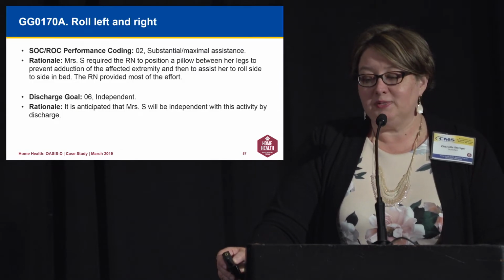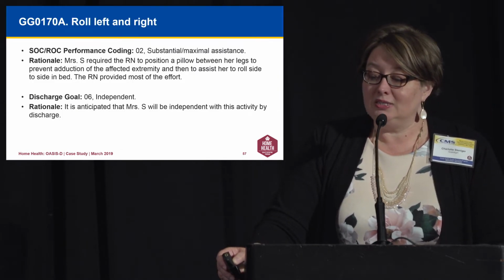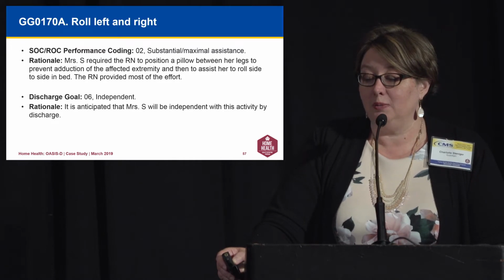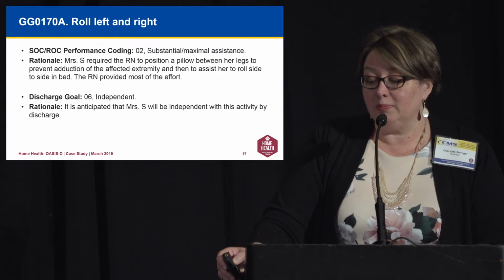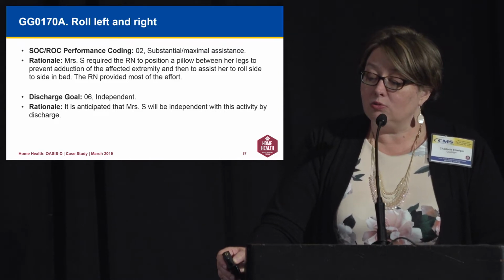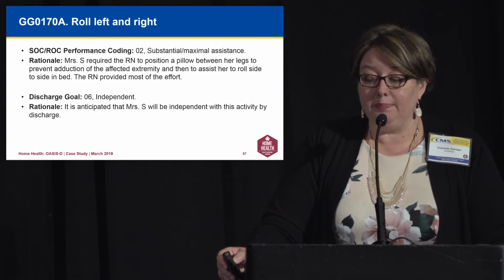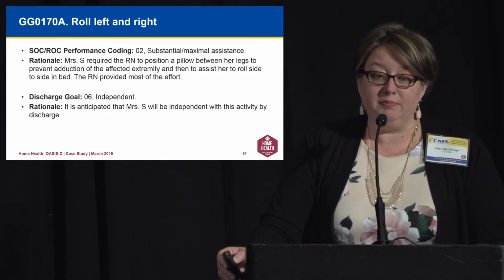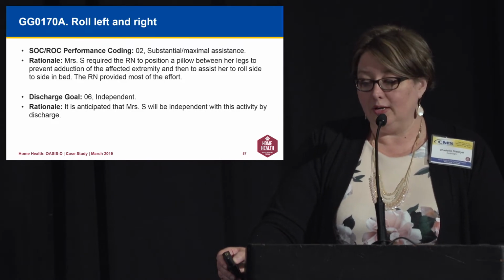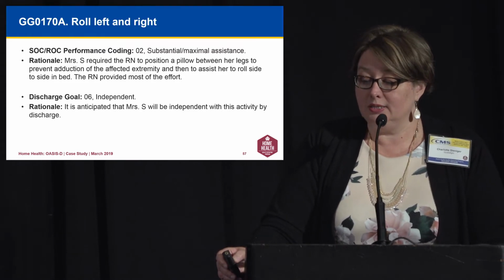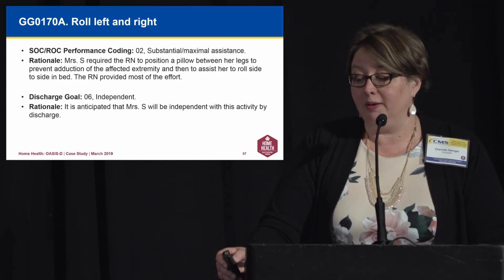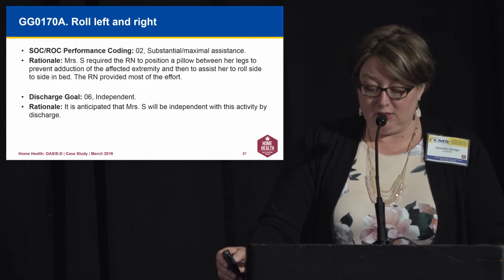And again, that's substantial maximal assistance, as Mrs. S required an RN to position a pillow between her legs to prevent adduction of the affected extremity, and then to assist her to roll side to side in bed. And the RN provided most of the effort. Right, okay. And her discharge goal being 06 independent, as it is anticipated that Mrs. S will be independent with this activity by discharge.